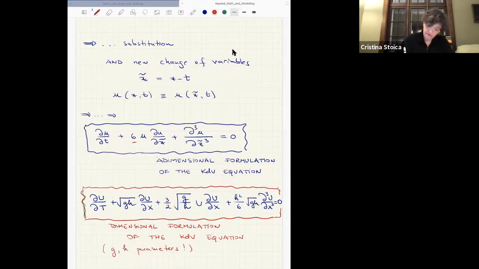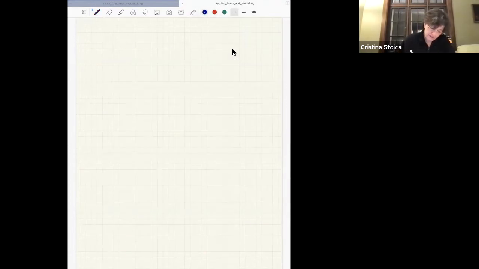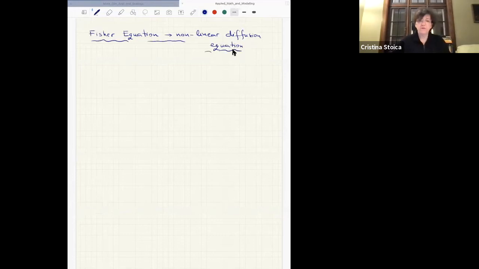So let me flip a page, and this is about a nonlinear diffusion equation. It's the so-called Fisher equation, which is a nonlinear diffusion equation. It actually models the concentration of a chemical in, I don't know, a chemistry experiment.